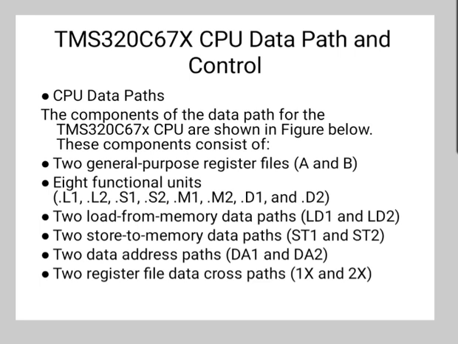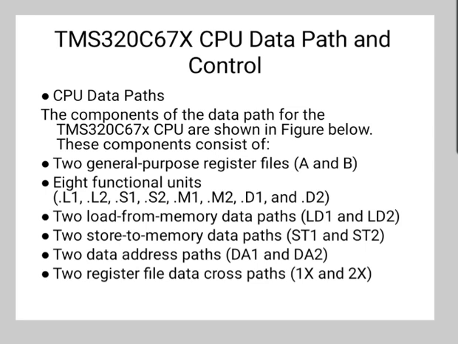So the central processing unit, the C67X CPU, is common to all, that is C62X, 4X, 7X devices. The CPU consists of the program fetch unit, instruction dispatch unit, instruction decode unit, 2 data paths each with 4 functional units, 32-bit registers, control logic, test, emulation and interrupt logic.